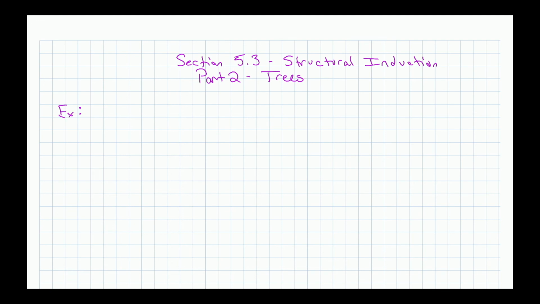What I want to do is write the recursive definition, or find a recursive definition, of polynomials, all polynomials.